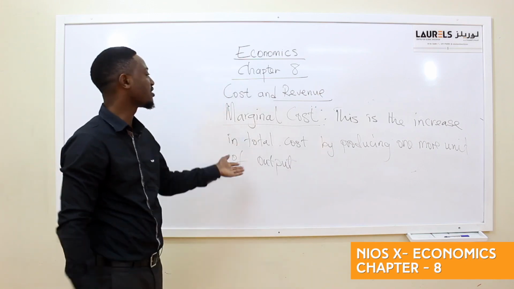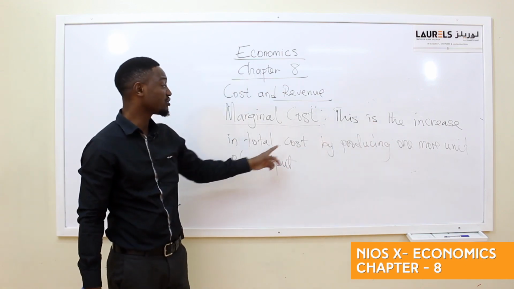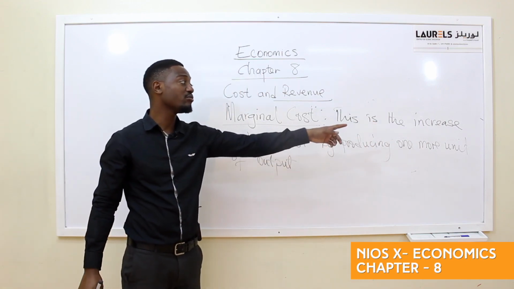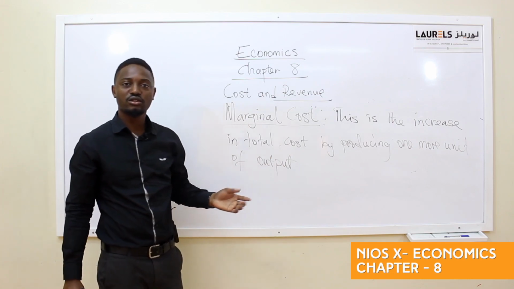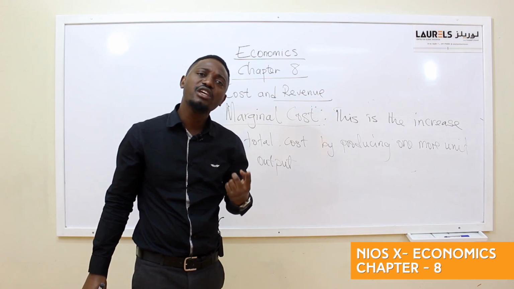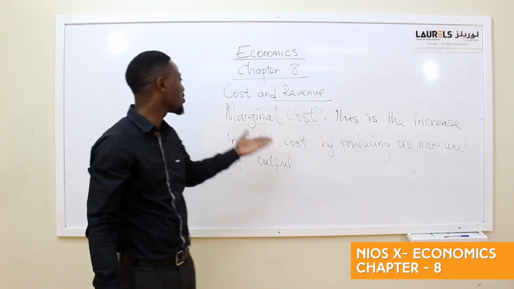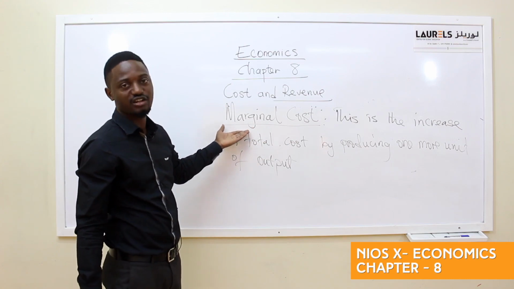That is what marginal cost is. So we want to see how much will total cost increase if we increase production by 1 more unit. That value is what we consider as the marginal cost.